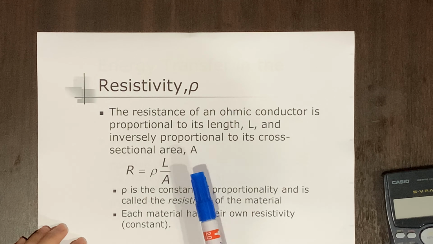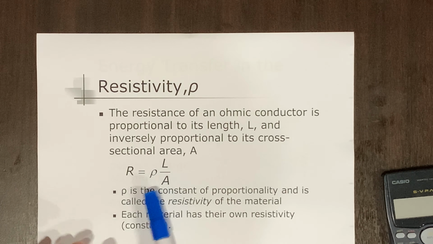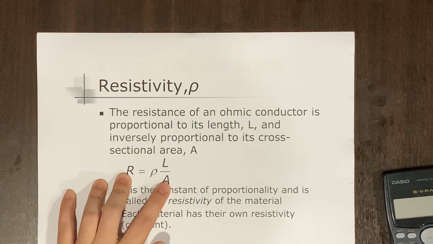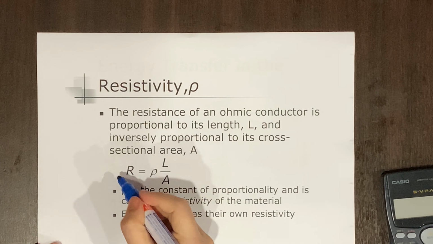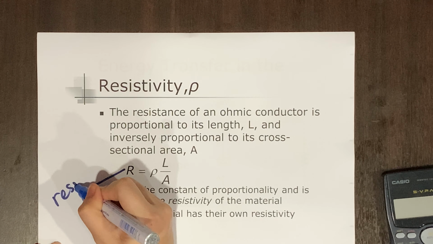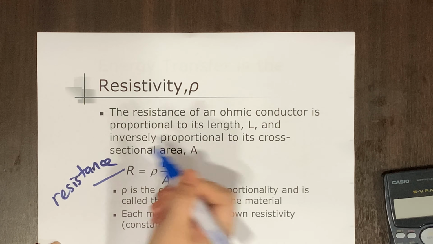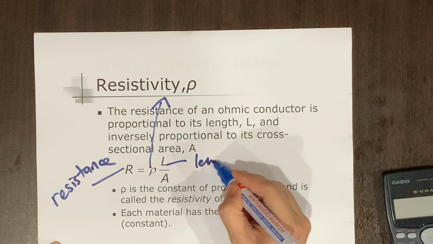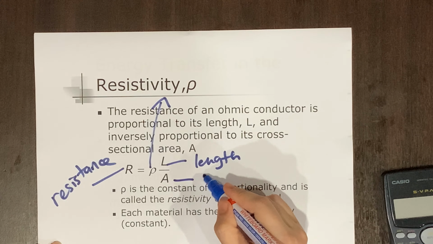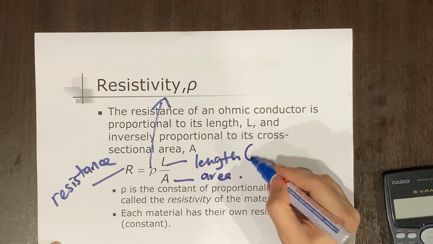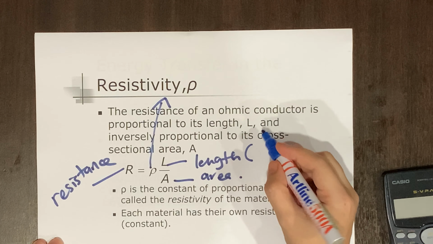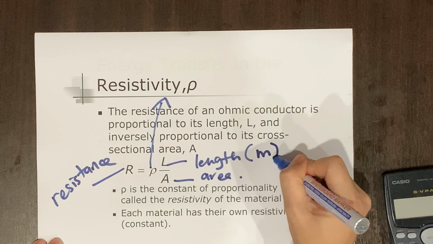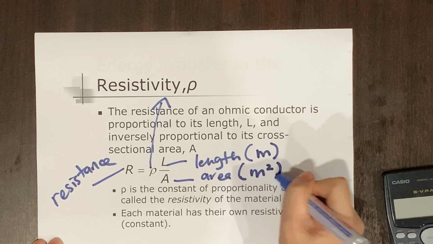Okay, we can calculate using this equation: R is equal to rho L over A. R is resistance, rho is resistivity, L is length, A is area. Every symbol here you have to put in SI unit: meter, meter squared.